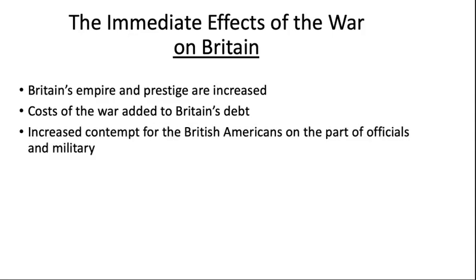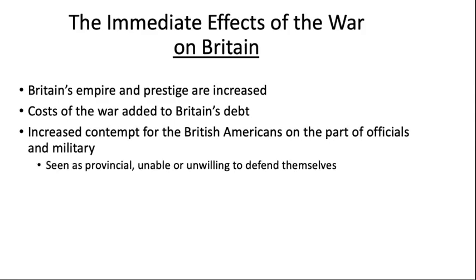That's a problem. The British soldiers, the military, the officials who came over to train the British colonists, see them really as rubes, as provincial hillbillies. They're unwilling or unable to train them. They couldn't imagine the continental style of warfare, all in a neat straight line, moving in unison, marching with precision.